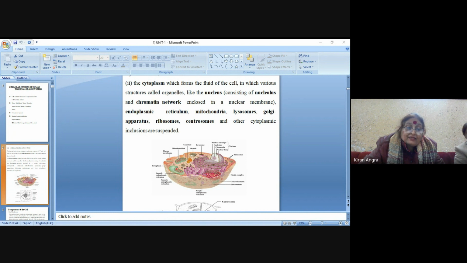The lipid molecules present are phospholipids, which form 75% of the total plasma membrane, then a smaller amount of cholesterol that constitutes 20% of the membrane lipid, and some glycolipids which are 5% of the membrane. So the membrane is made up of these two layers, back to back, of these lipids.